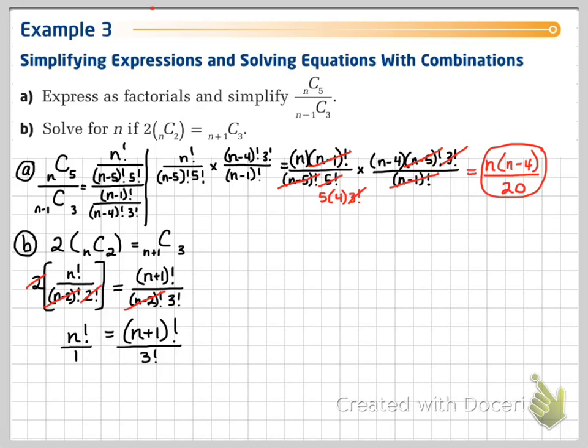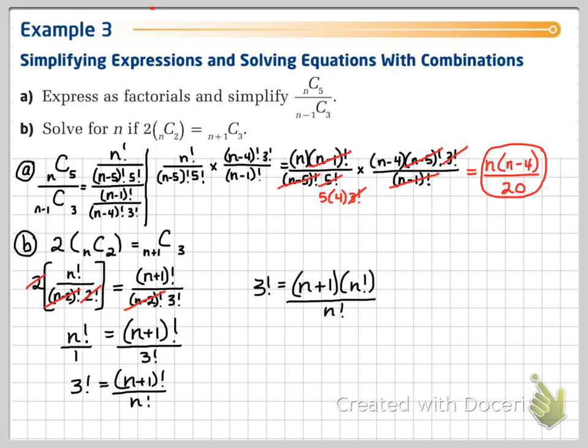If I put that over 1, cross multiply, and then divide, rearrange things, I've got n factorial on the bottom, n plus 1 factorial on the top, and 3 factorial on the other side. So now I'm going to rewrite n plus 1 factorial. So we'll say 3 factorial is n plus 1 times n factorial.